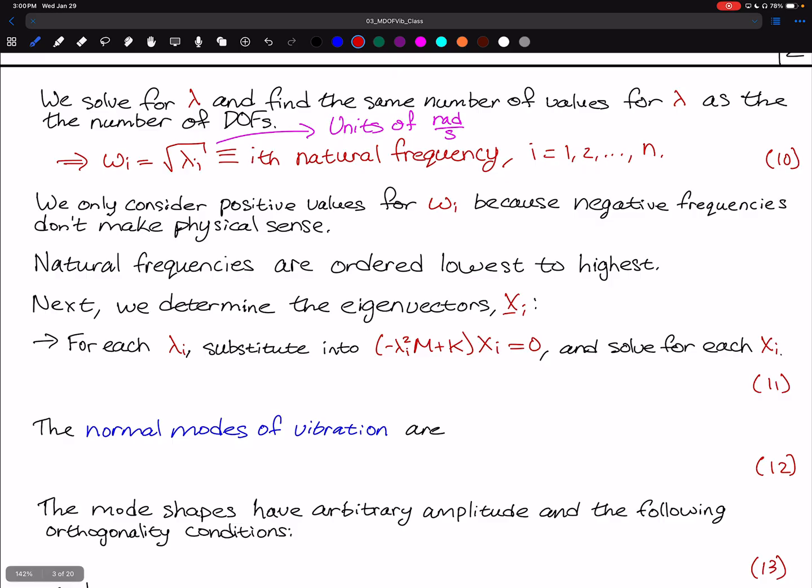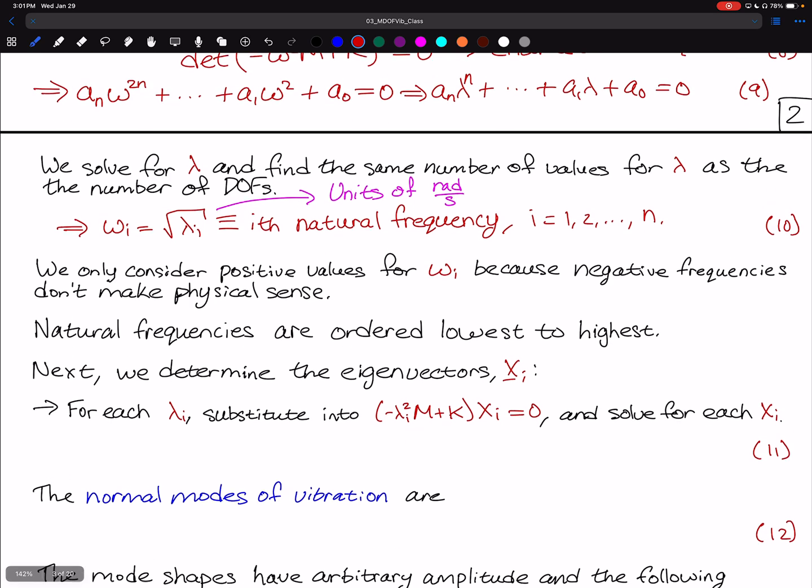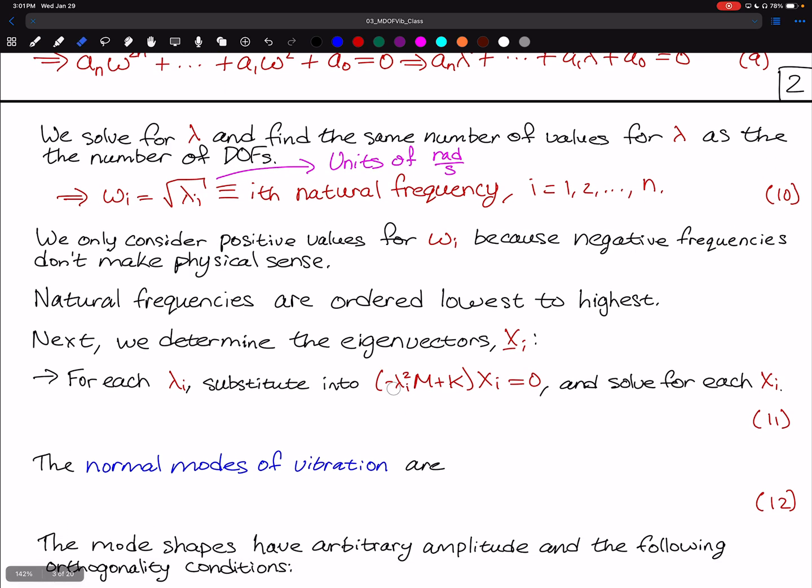So once we have our natural frequencies, the next thing we want to do is go and find what are known as the mode shapes, or we want to find the eigenvector for each eigenvalue. We'll call those X_i. And to do this for each lambda, we're going to substitute that into our equation. Although, hold on a second, this should be just lambda here, not lambda squared.